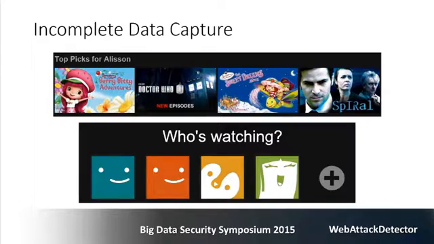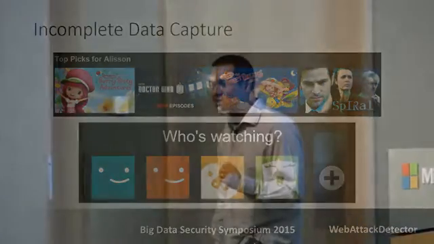So the other thing is that when you are doing data capture, you will have gaps in your data. I use this system to watch movies that most of you also use, and they give me some recommendations of movies. And right now, for example, at a certain time, they recommended that I watch Strawberry Shortcake, and also Doctor Who, and also Spiral, a French series.